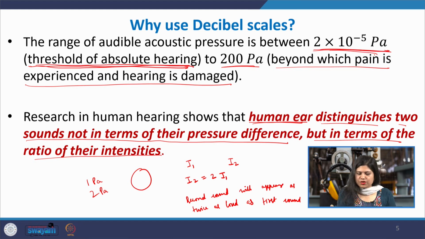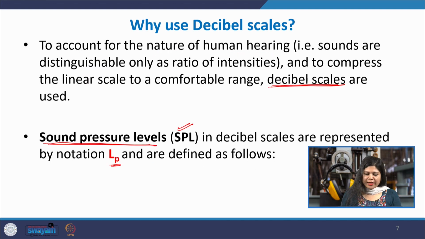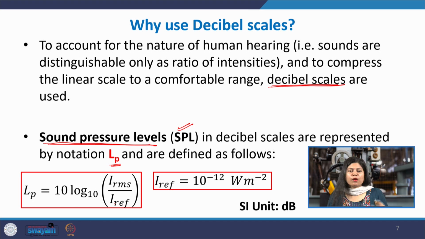If you convert this pressure using this formulation into intensity, it is approximately 10 to the power minus 12. That becomes your reference intensity, because you start hearing from that level, and then you compare the ratio of the actual intensity with the reference level and you do 10 log 10.